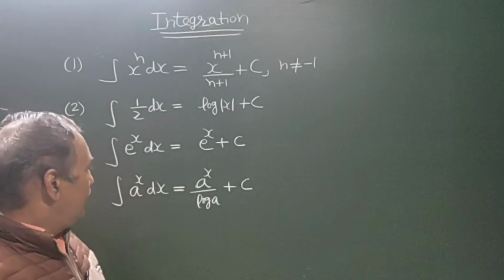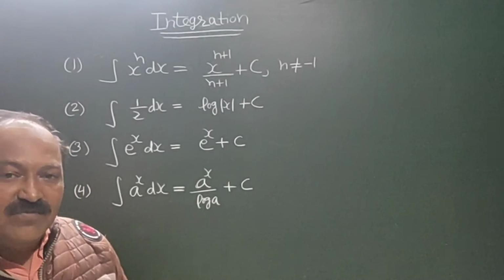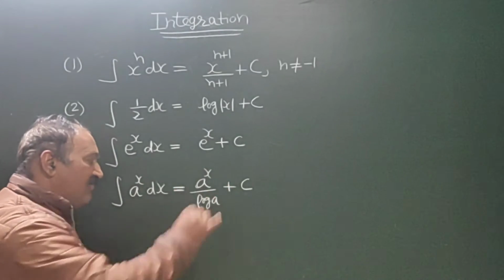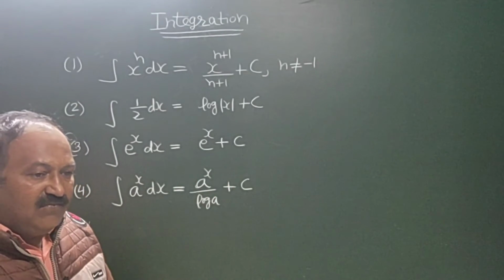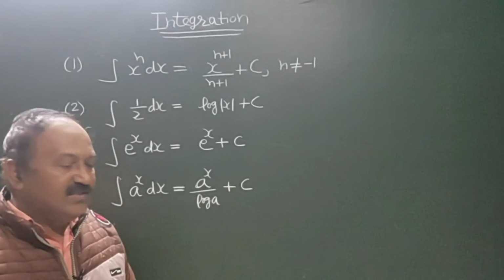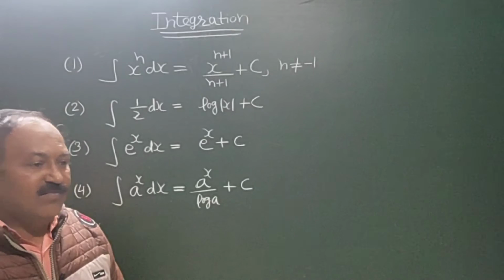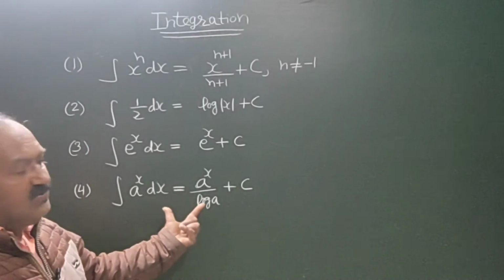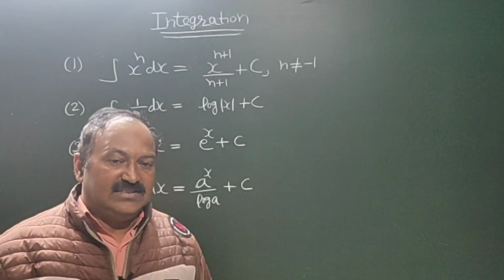This is the formula. Integration of a raised to power x is equal to a raised to power x divided by log of a, where if a is positive then it is log of a, and if a is negative then it is log of a modulus plus c. This is the fourth formula of the integrations.